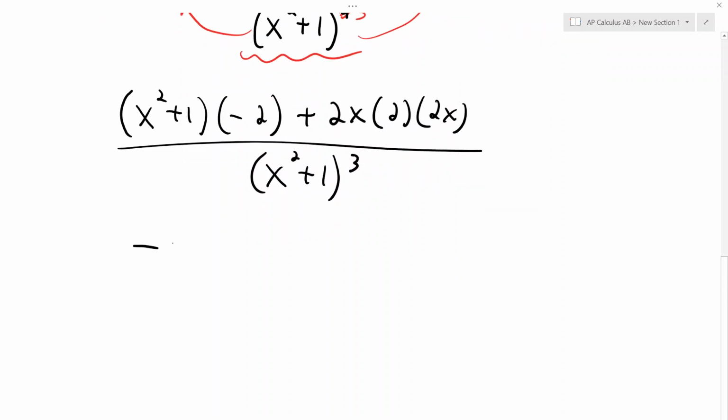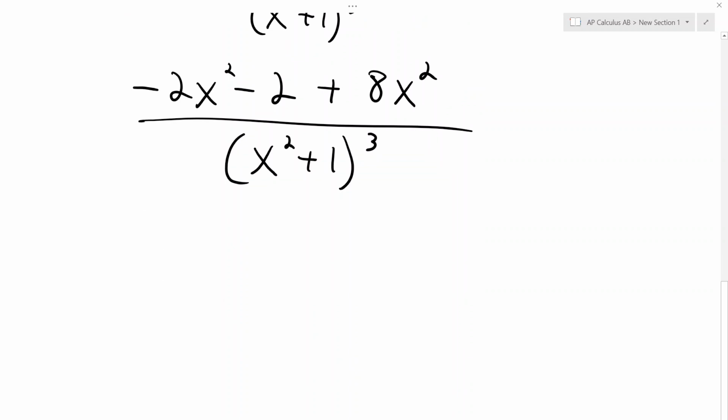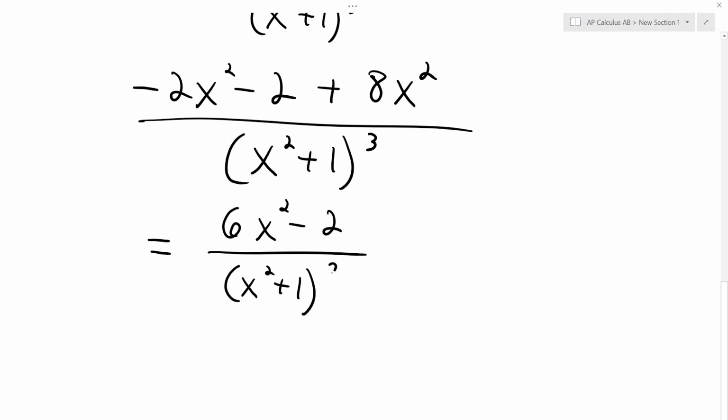So we're going to get negative 2x squared minus 2 plus 8x squared over x squared plus 1 cubed. And that's going to boil all the way down to 6x squared minus 2 over x squared plus 1 cubed.